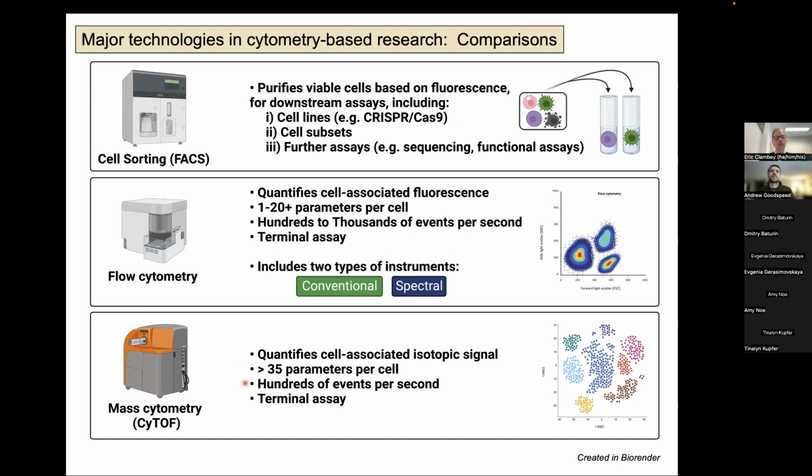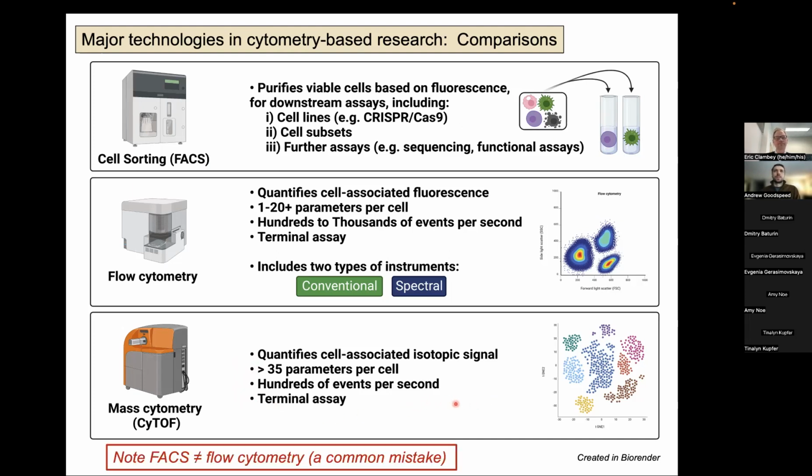And while this instrument is slightly slower than a flow cytometer and a terminal assay, the wealth of data that you can get from CyTOF is frequently unparalleled. I also like to point out that sometimes people refer to flow cytometry as FACS, but please note that FACS is cell sorting and flow cytometry is the terminal assay, in which both are measuring fluorescence.